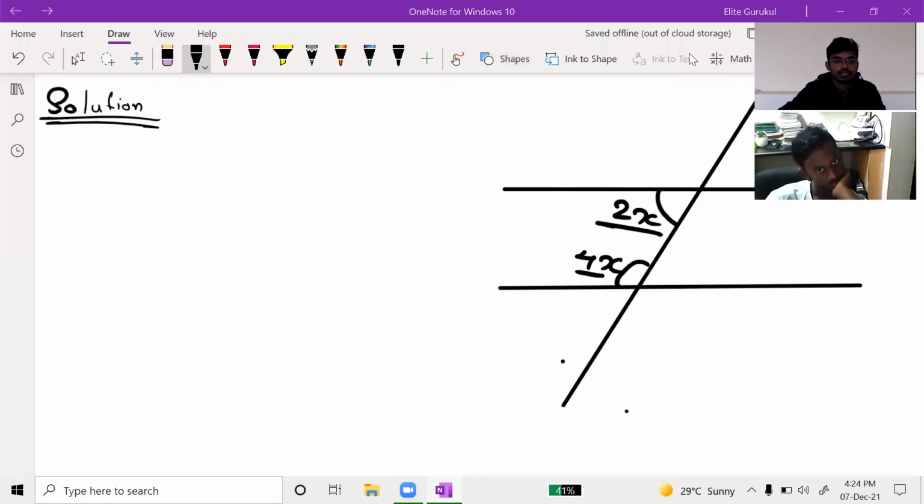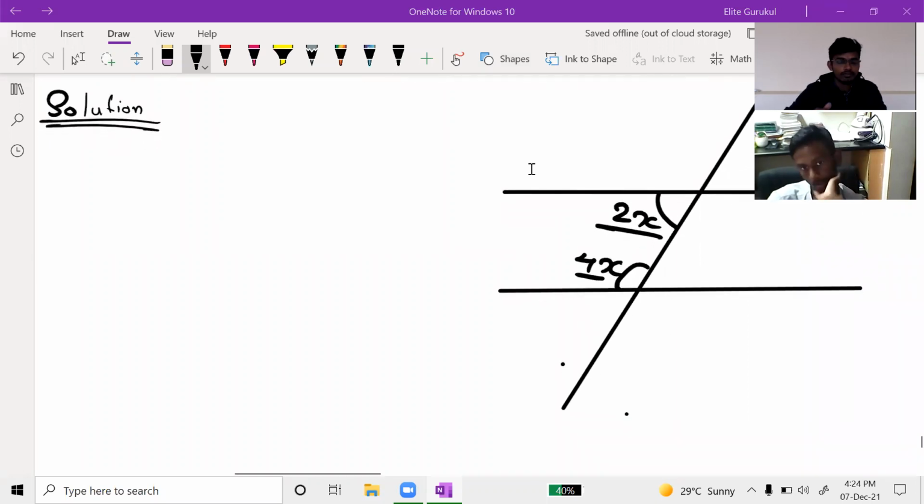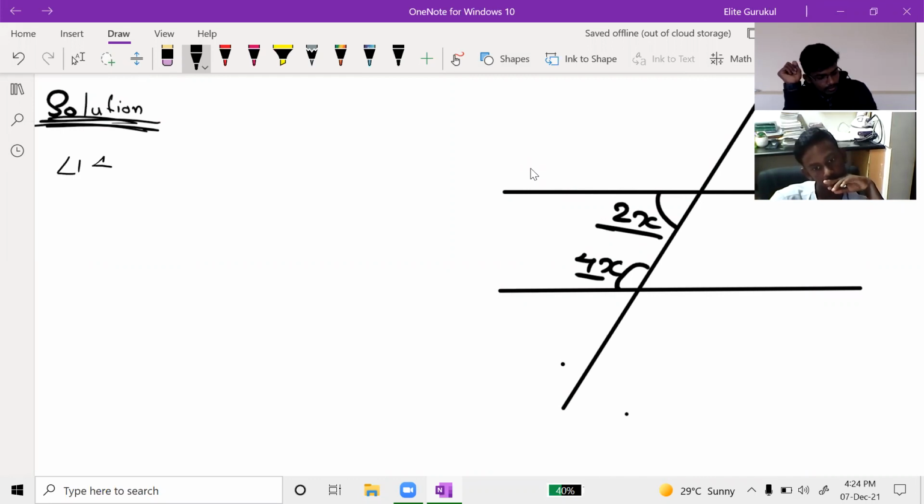So we are going to start another question, which is quite tricky. Solution: first tell me whether they are internal angles or external angles. Internal angles. Are they alternate or on the same side? On the same side. So on the same side means the measurement of these two angles, angle 1 plus angle 2, will be 180 degree.